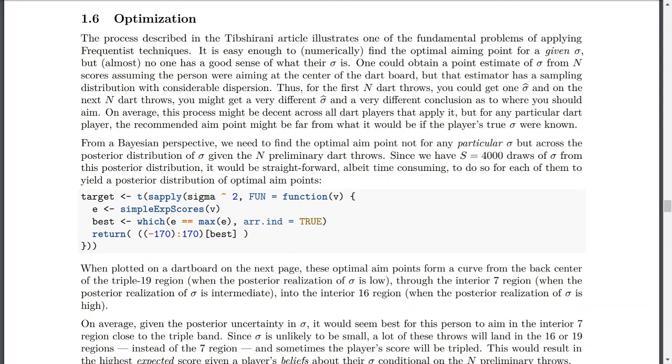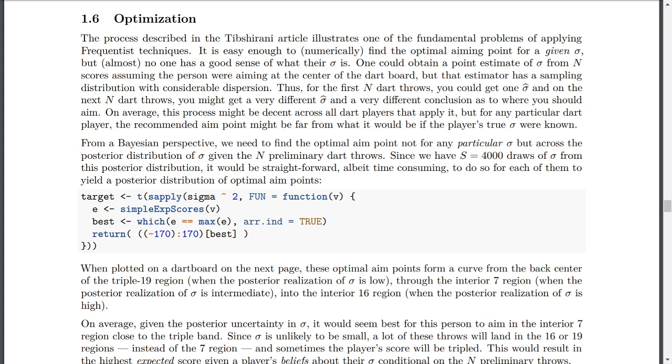But from a Bayesian perspective, we don't want to find the optimal aim point for one draw of sigma or any particular sigma, but across the whole posterior distribution of sigma, based on 100 dart throws or whatever. So you can take your posterior distribution and find the optimal aim point for all 4,000 of those draws that you obtain from the posterior distribution of sigma.